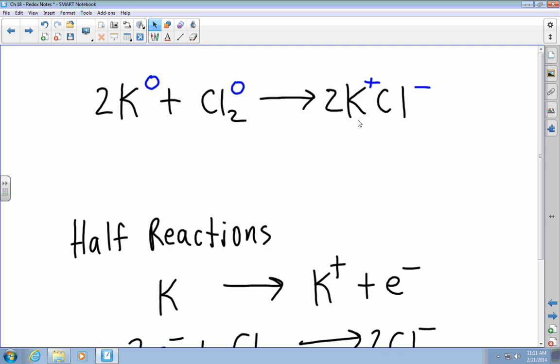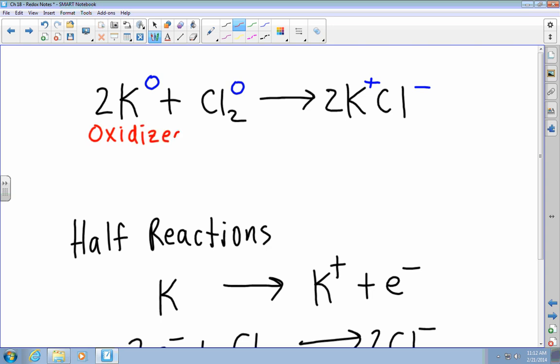Okay, so given that, potassium is going from a charge of 0 to +1. So is it being oxidized or reduced? Potassium is being oxidized. Its charge is going up.